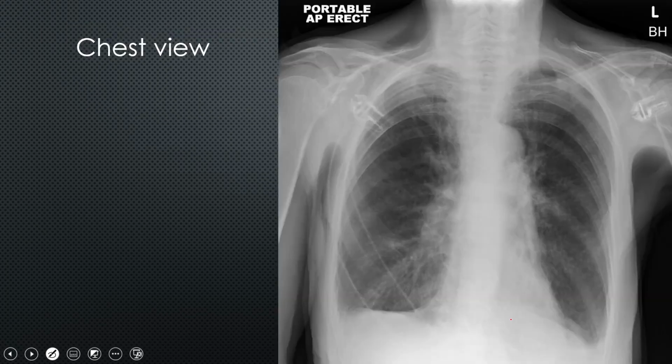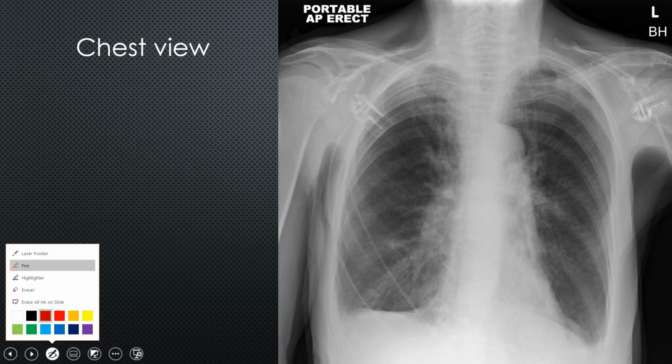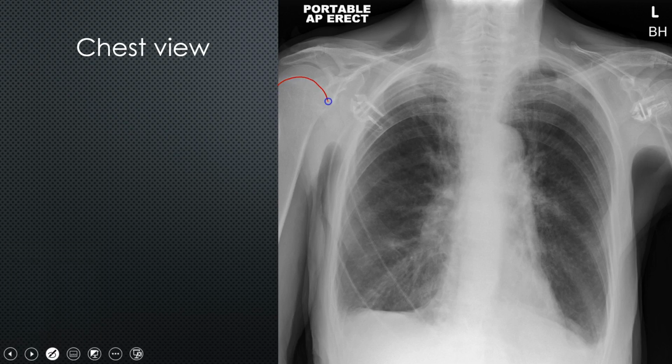So here we have an example of a chest view. And if you look closely, particularly at the shoulder areas and the clavicles, here's one humeral head, and it looks like another humeral head there.